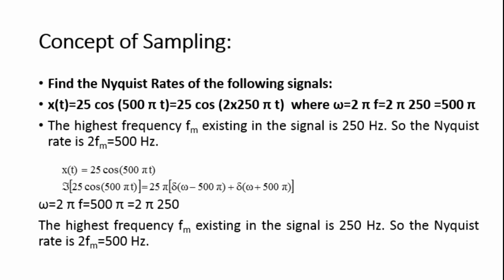The highest frequency fm existing in the signal is 250 Hz. So the Nyquist rate is 2 times of maximum frequency, which is equal to 500 Hz.